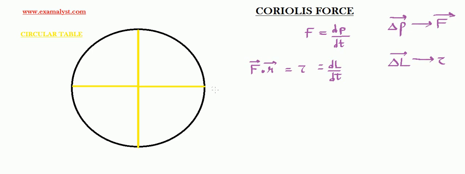If you look at the circular table, if I apply a linear force along this direction, then obviously this circular table is going to move in circles in the anticlockwise direction. Now consider this circular table moving about this point O, the center of the table, with angular velocity omega.